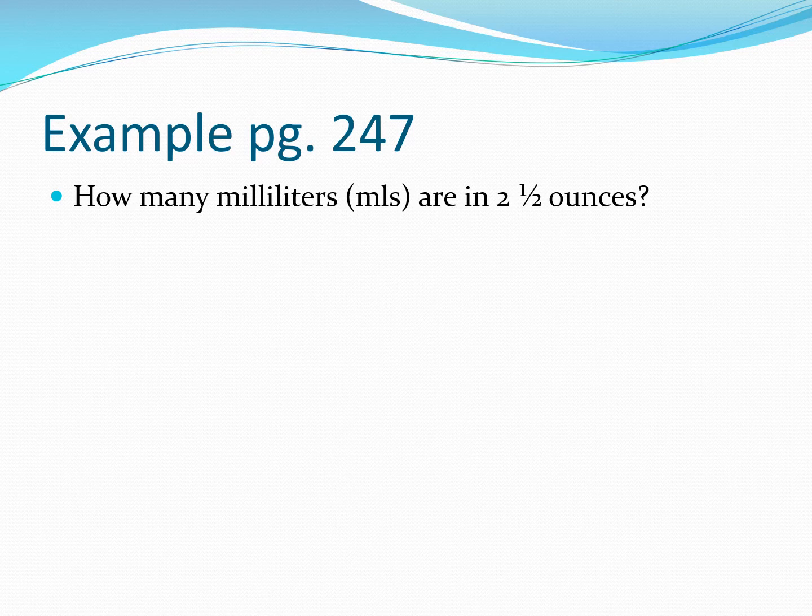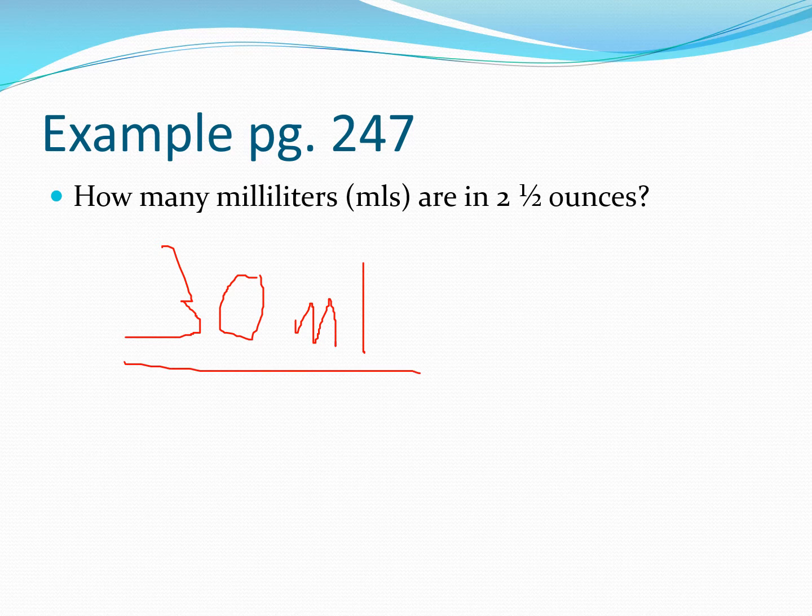If we try to set this up, there's 30 mils in 1 ounce. That's your conversion. I'm going to just say OZ. 30 mils in 1 ounce. So this is where we're looking at those proportions.